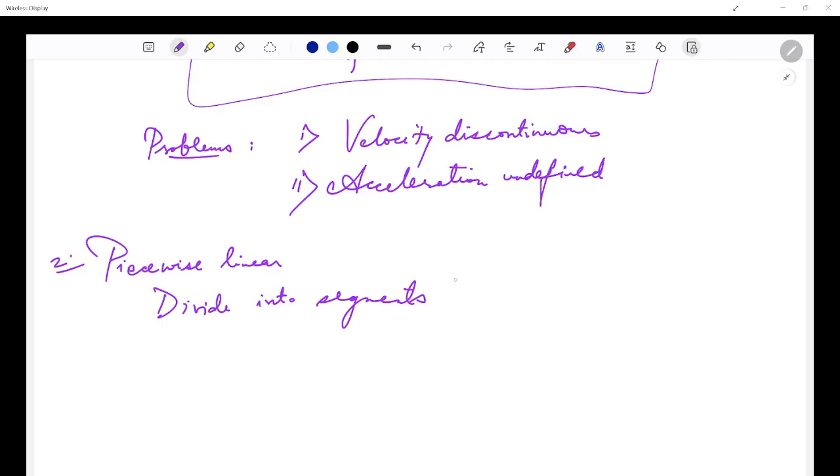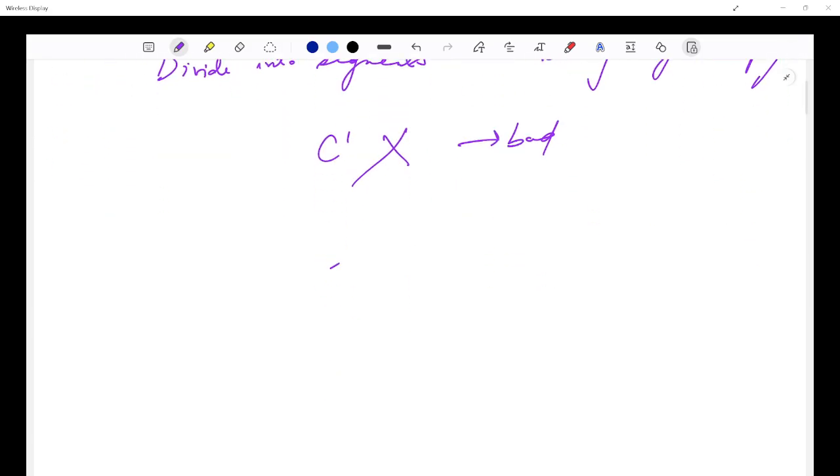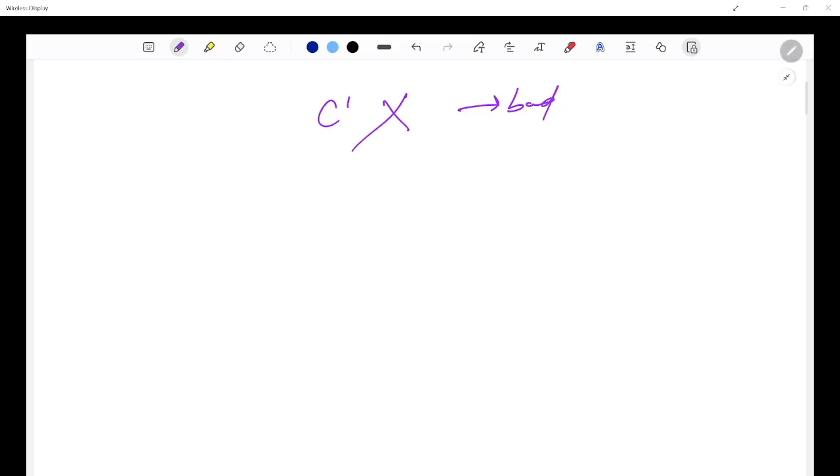The velocity changes abruptly. Okay, so it is not even C1 continuous. So this is really bad. Okay, so what method do we use then? Both of these methods do not work, right? So we move to cubic polynomial.